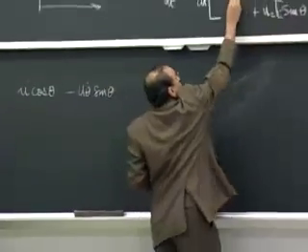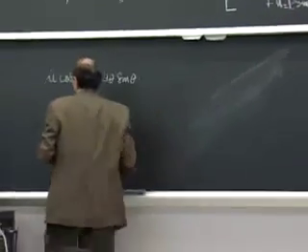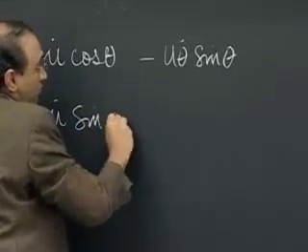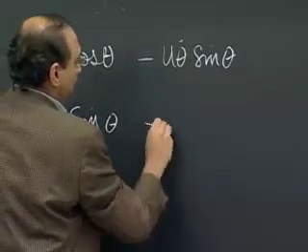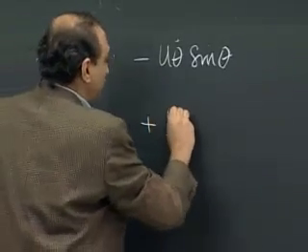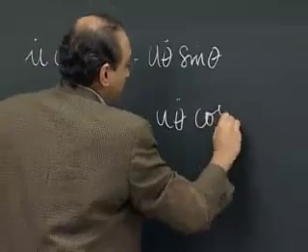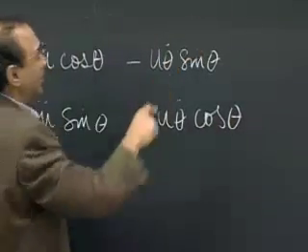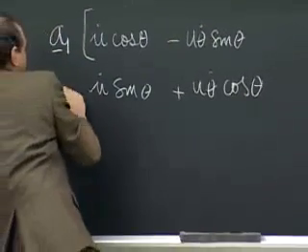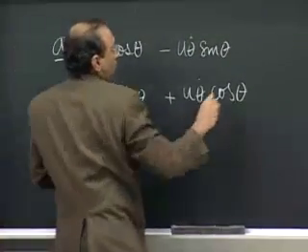That's this term I just wrote. This term comes out to be u dot sine theta plus what? Theta dot cosine theta. I'm bunching the terms separately just to get the A1s all lined up, all right? So this is A1, and this is A2, all right?